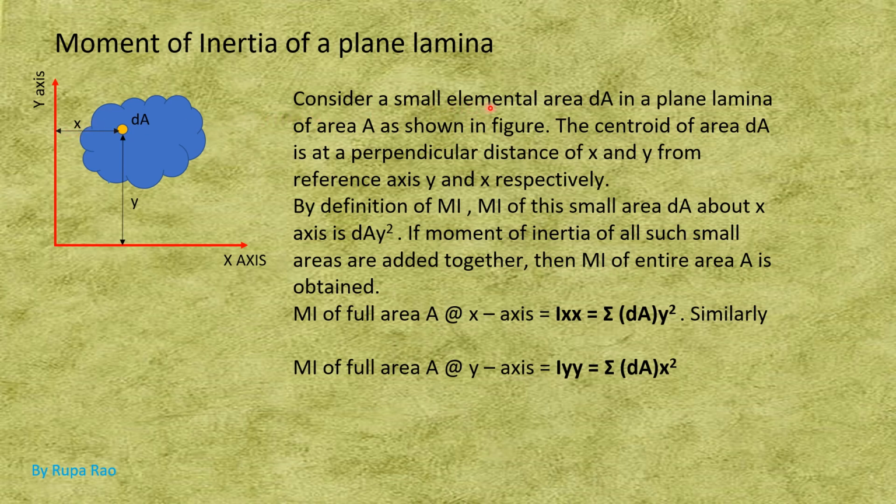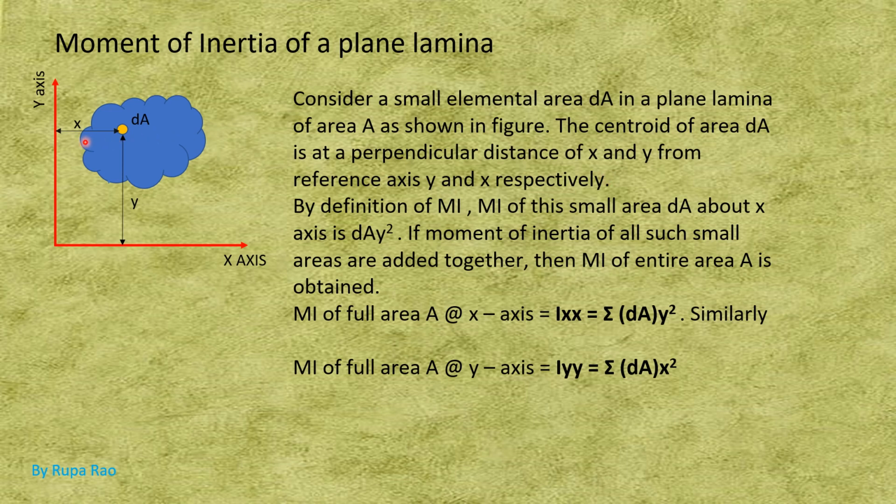So let us consider a small elemental area dA in a plane lamina of area capital A as shown in the figure. The centroid of the area dA is at a perpendicular distance of x and y from the reference axes y and x respectively.